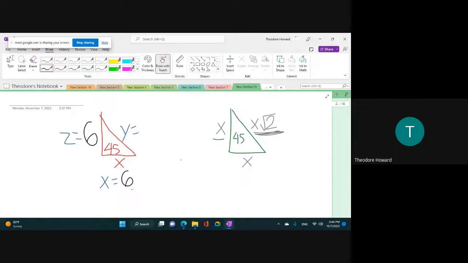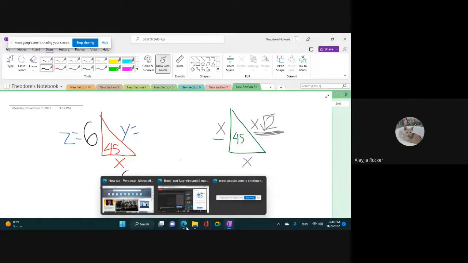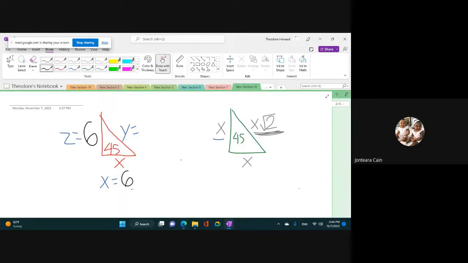So if z is 6, what's y going to be? I'm sorry. Yeah, what's y going to be? Right, 6 square root of 2.